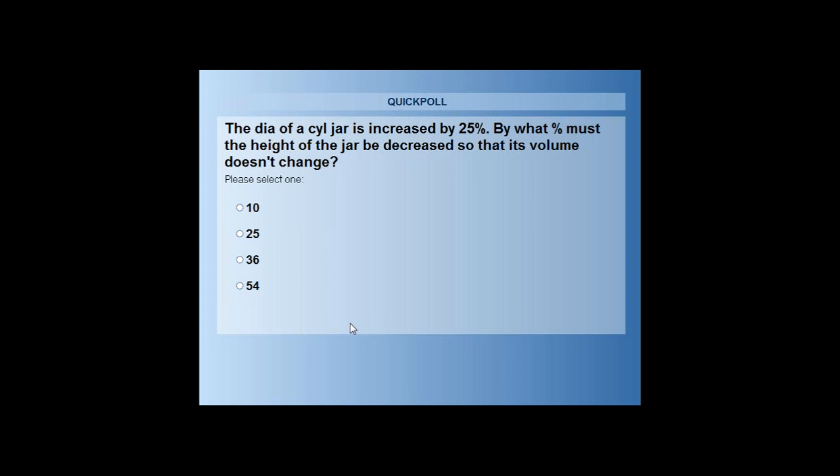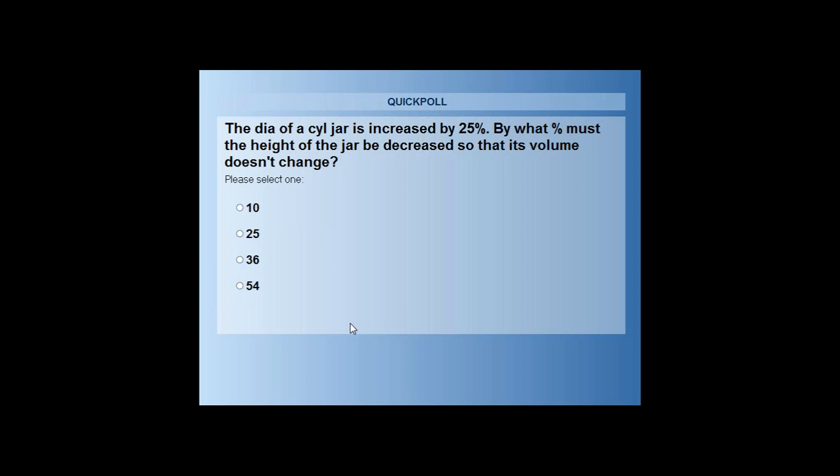Some more responses, please. Seems to be a difficult one.